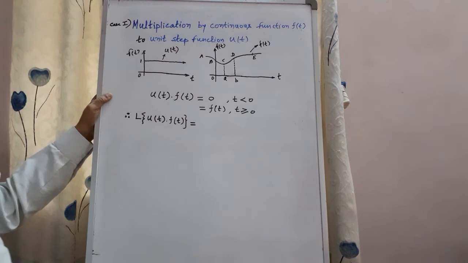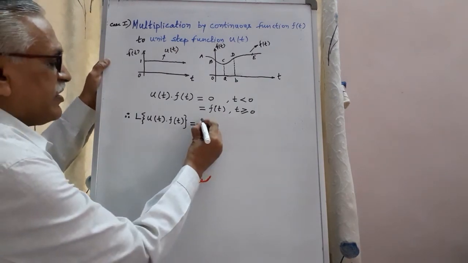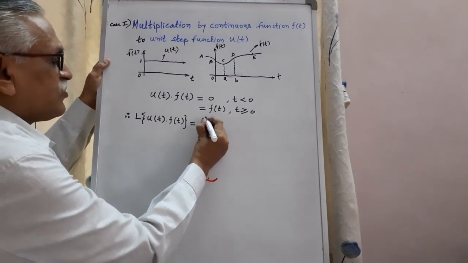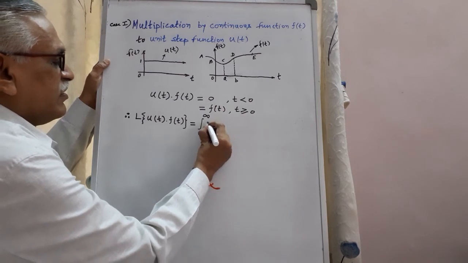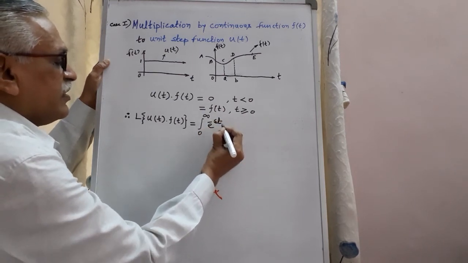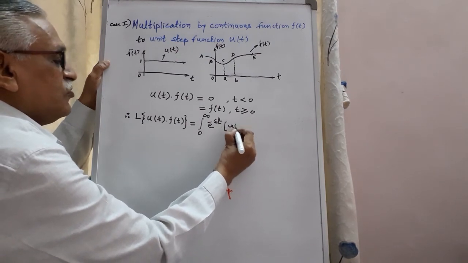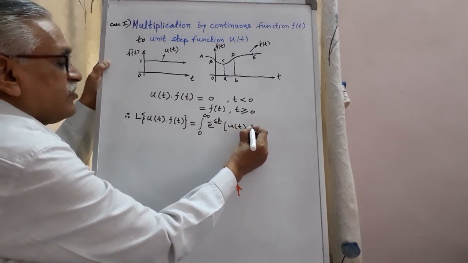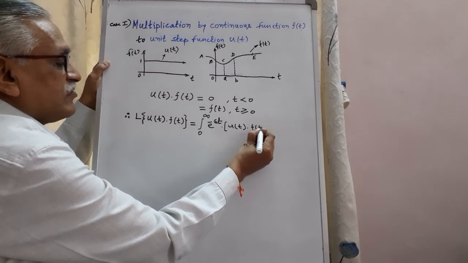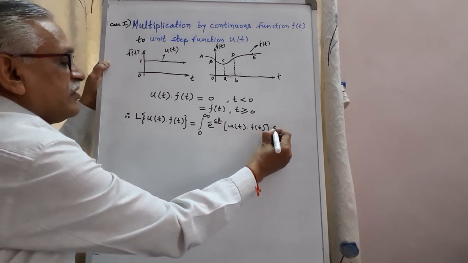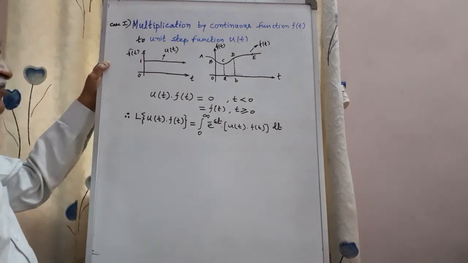And we apply the basic definition or elementary definition. It is integral from 0 to infinity e raised to minus st into that function. That function is here u of t into f of t. Its integration with respect to t.